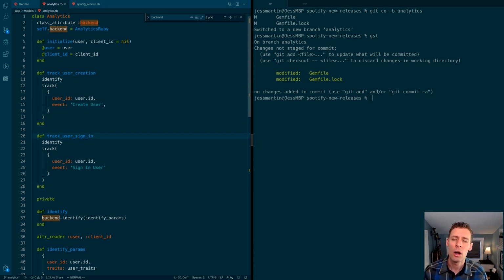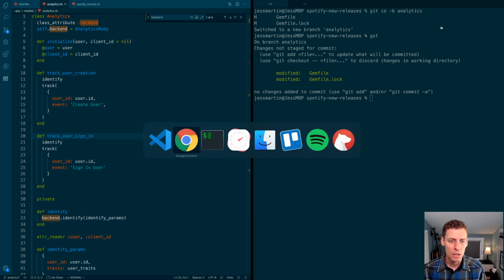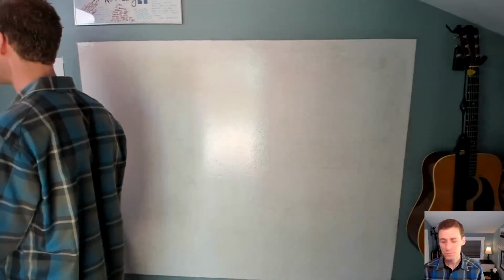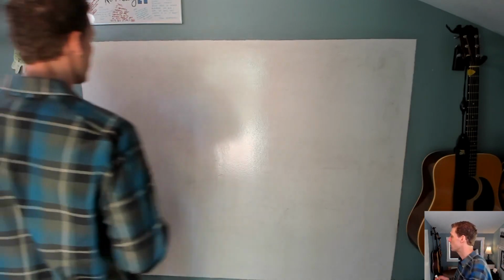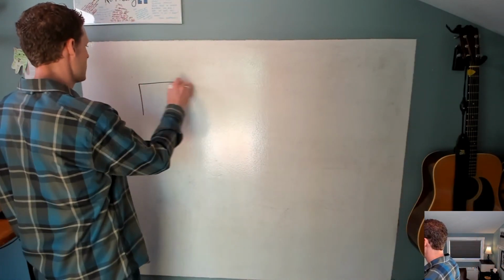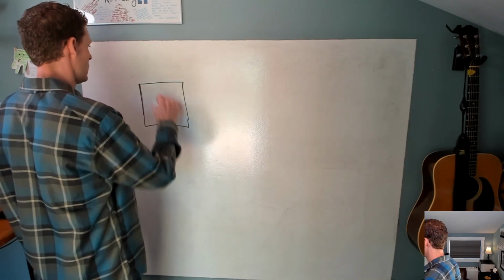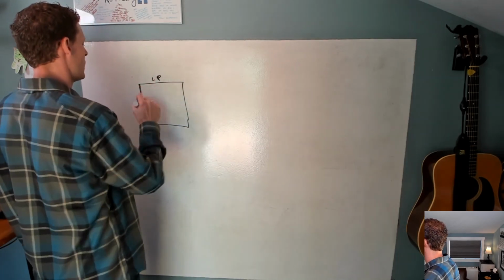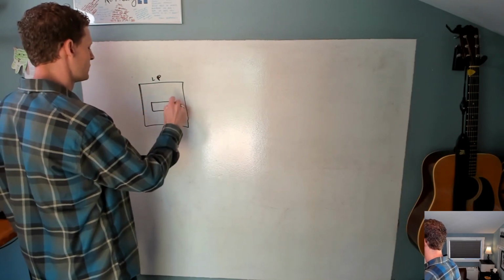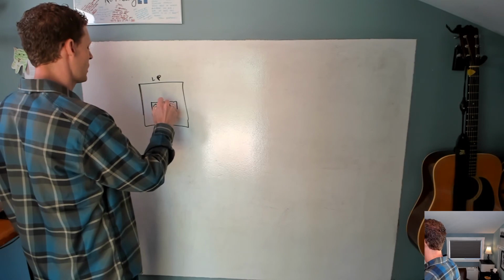So let's think through our path of the way that people interact with the application. This would be a good time to switch to the whiteboard, actually. Right now, the way that users interact with it is they have basically a landing page that they can then click a button to connect their Spotify.